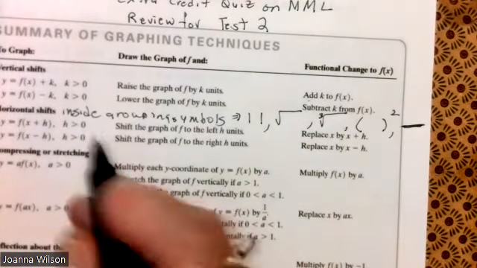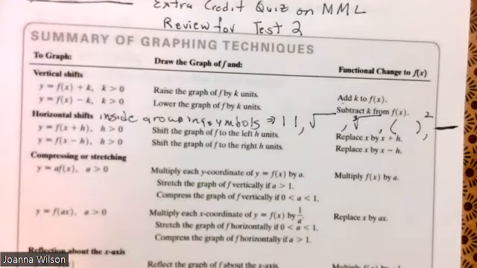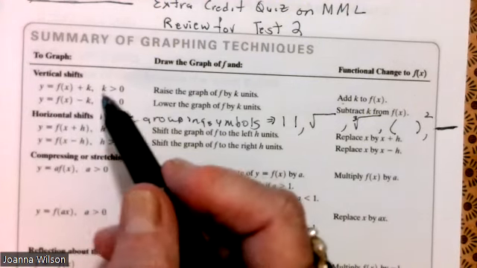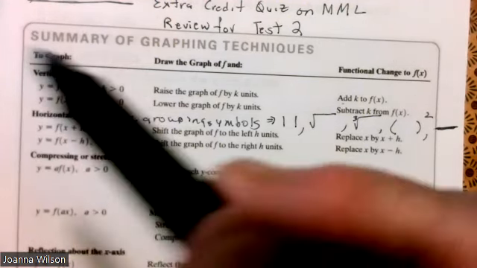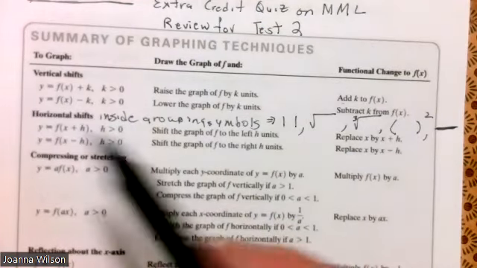So if you're adding or subtracting h inside grouping symbols, it does something different. It actually is going to shift it horizontally, so that means left to right. And it's a little confusing in a way, because if you add a positive number up here, it shifts the graph up, so it's increasing the y value.